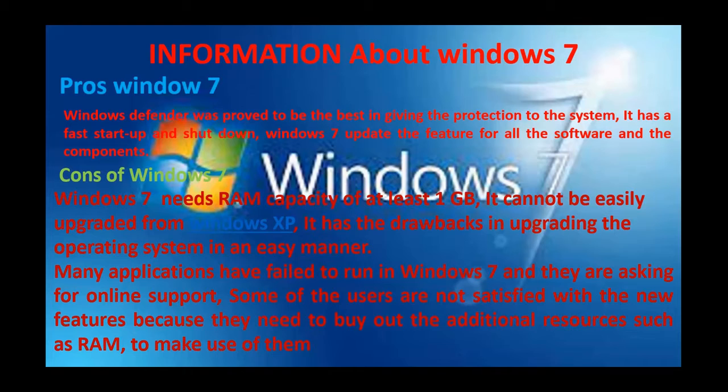Many applications have failed to run in Windows 7 and they are asking for online support. Some of the users are not satisfied with the new features because they need to buy additional resources such as RAM to make use of them.